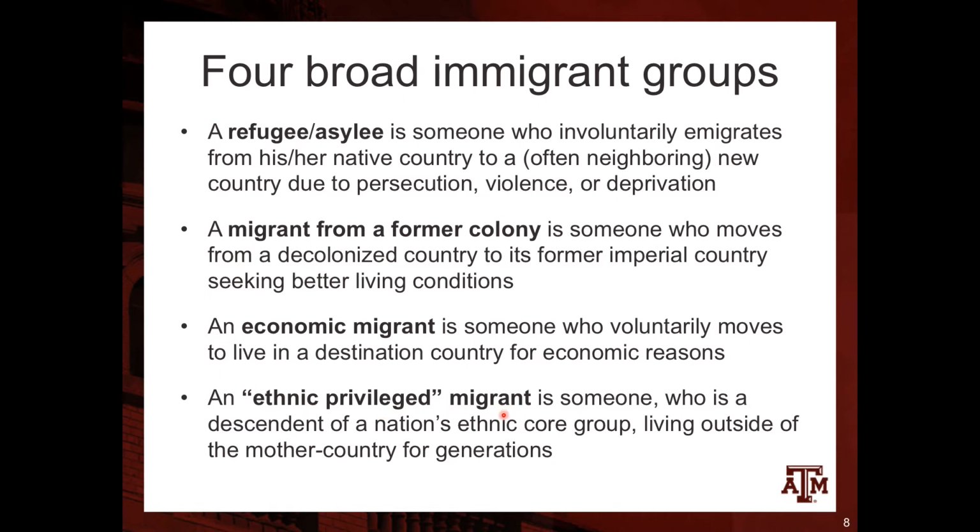When they move to these destination countries, they are not necessarily facing economic issues or violence in their country of origin, but because they have ties with previous immigrants from their countries that moved to these destination areas, and they decide to move there as well.